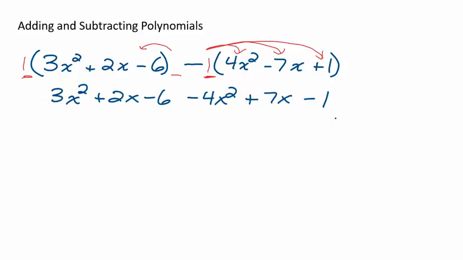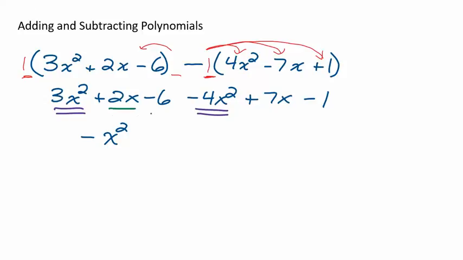Once I distribute that negative through the parentheses, now all it is is combining like terms. Pretty straightforward. So we have 3x squared take away 4x squared, which is negative 1x squared, and I don't have to write the 1 in front. You could put the 1 there if you want, but most of the time it just gets dropped. And then we have our x terms.